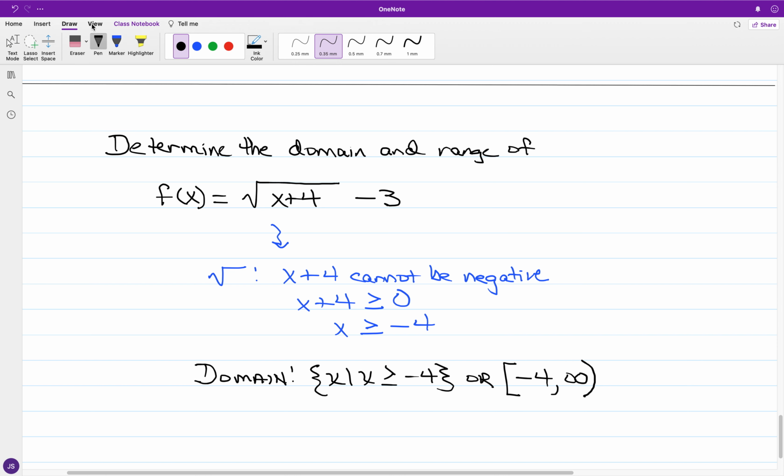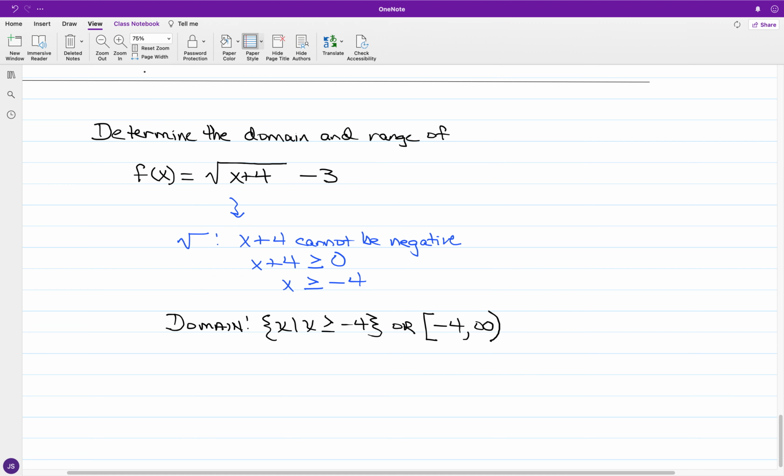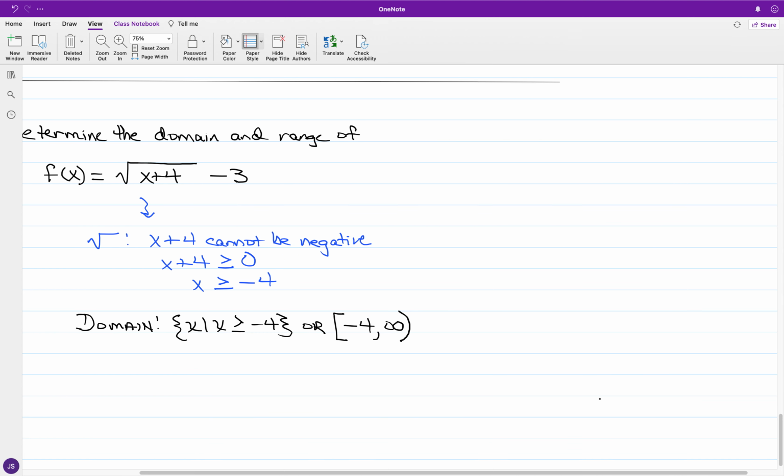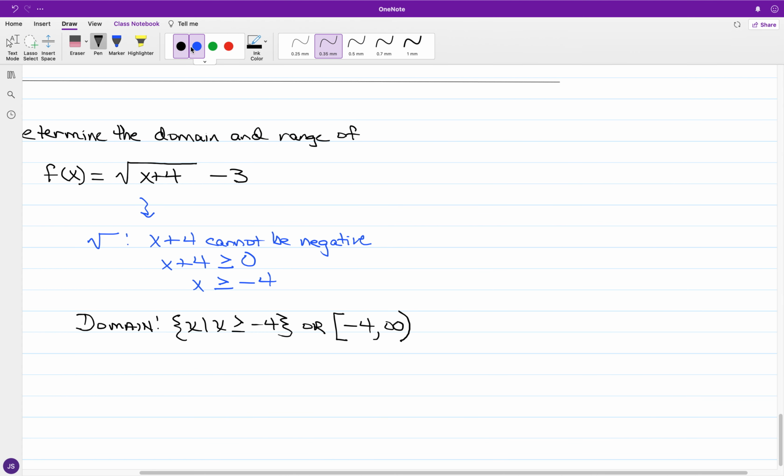Okay, now if we step back and look for the range. Just going back, you have f of x equal to the square root of x plus 4 minus 3.